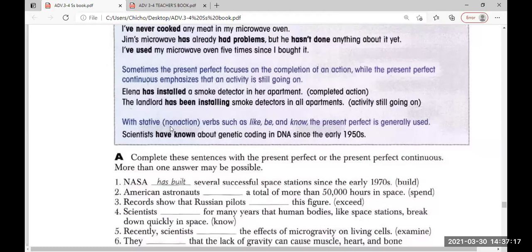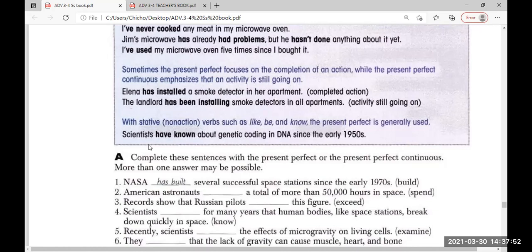With stative or non-action verbs such as like, be, and know, the present perfect is generally used. But we can't use the present perfect continuous. Recuerden que para los stative verbs, que son verbos que se refieren a sentidos o pensamientos o sentimientos, generalmente no utilizamos los tiempos continuos para estos verbos. ¿Ok? Entonces sí podemos utilizar el presente perfecto simple, pero no el presente perfecto continuo.